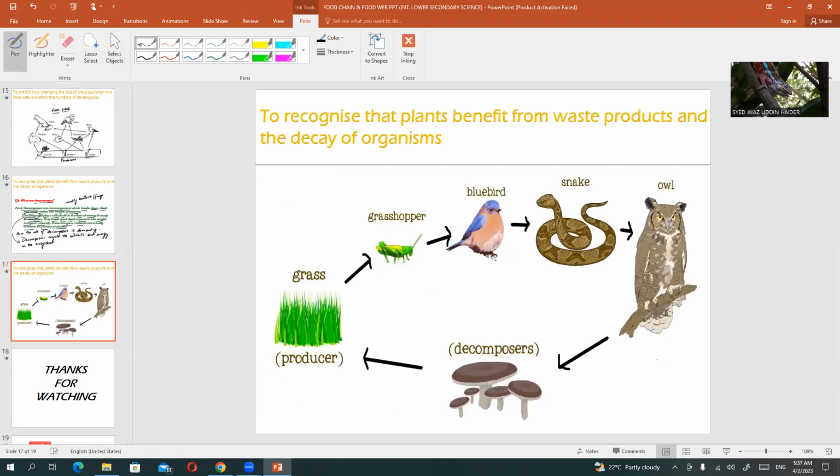You see here, these are mushrooms, a kind of fungi. They are decomposers. They decompose, break down the dead organisms and waste matter and recycle the nutrients in the ecosystem.